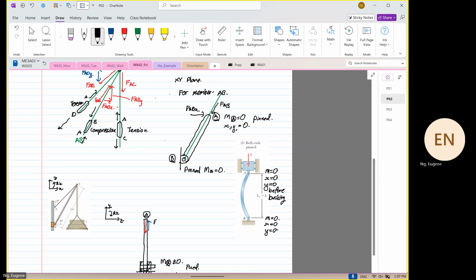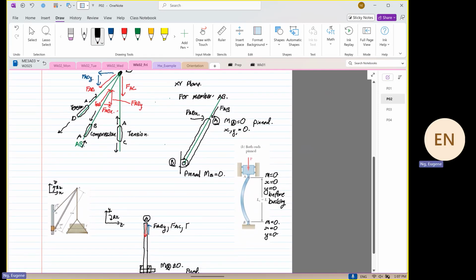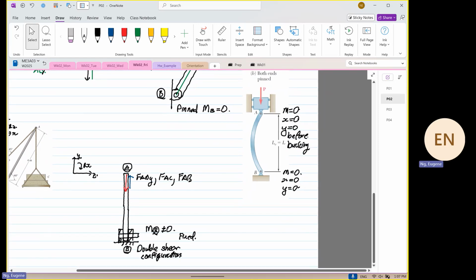FAD, is going to be your FAC, is going to be your FAB. So these are the forces either going down or coming up. I'm not bothered to label that. It's either coming down or going up. Question for you at point A.